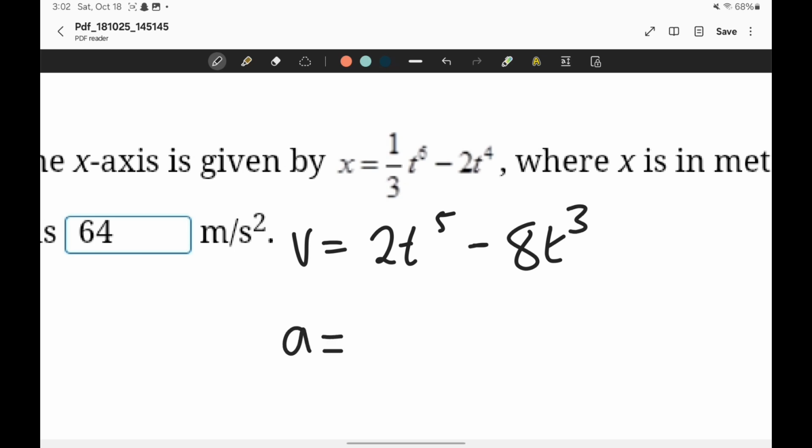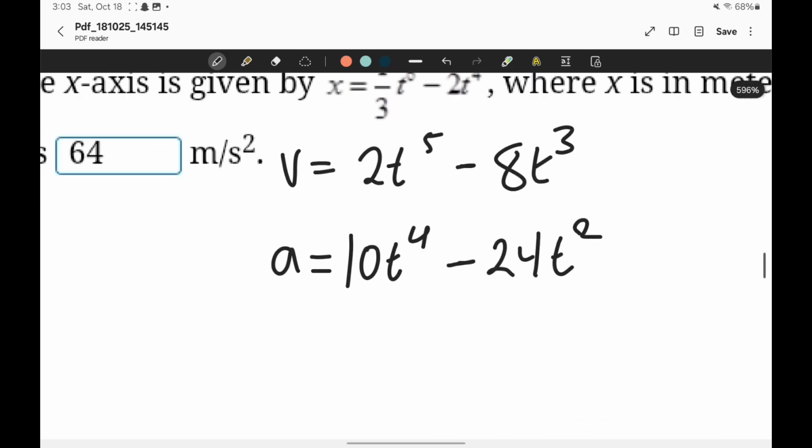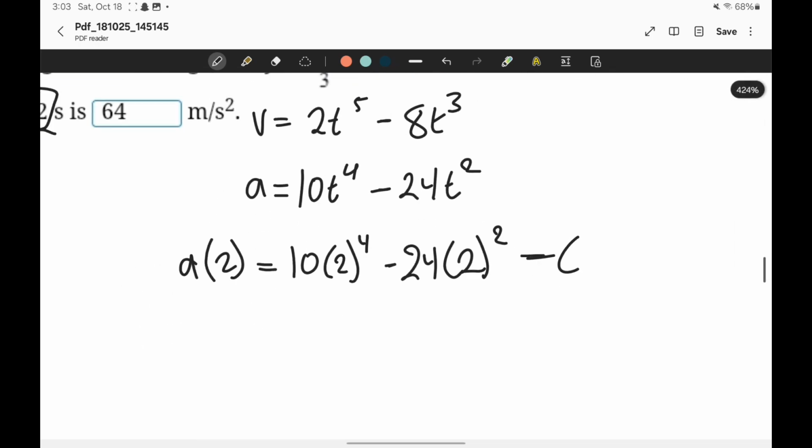If we derive one more time, we get the acceleration, which is 10t to the power 4 minus 24t squared. They told you time is 2, so you substitute 2 into this equation. So acceleration at time 2 is 10 into 2 to the power 4 minus 24 into 2 squared. You get 64.